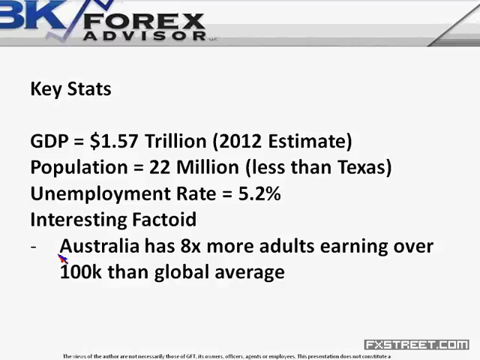Australia actually has 8 times more adults earning over $100,000 than the global average. So what this tells you is that Australia is a relatively rich economy. And even though they have a very small population, they generate a pretty good amount of GDP growth per population. At the end of the day, however, because they are a small country and a small economy, they can be very sensitive to global development.